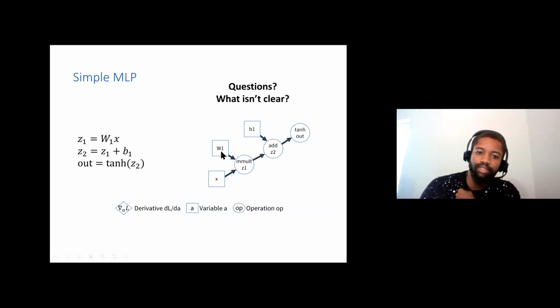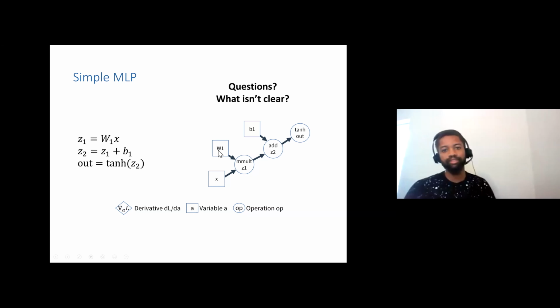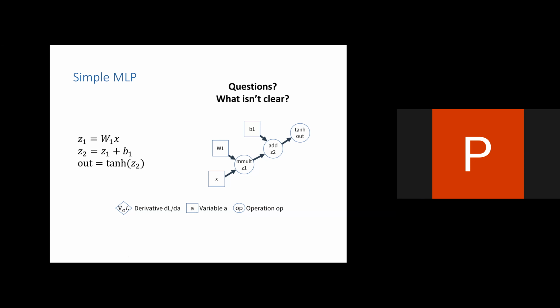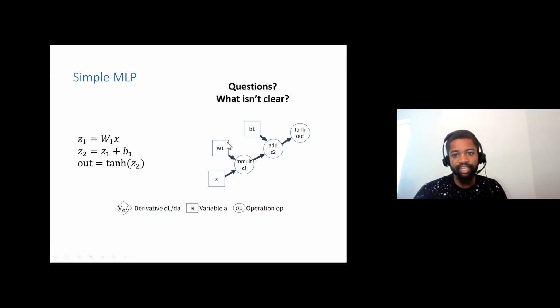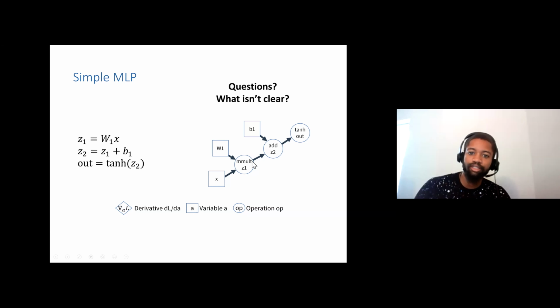I'm asking, would you store these intermediate gradients that you've calculated before, or do you start fresh each time? For W1, it would be stored and added to, but for intermediate outputs such as Z1 and Z2, those would not be stored, so they would pass back something fresh.